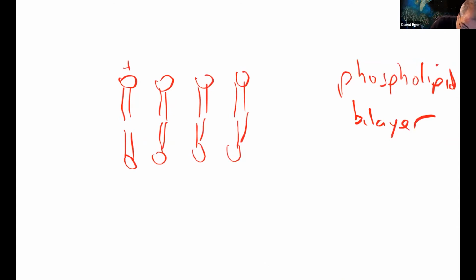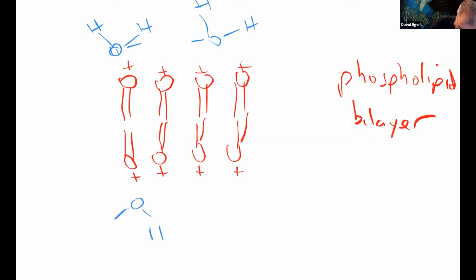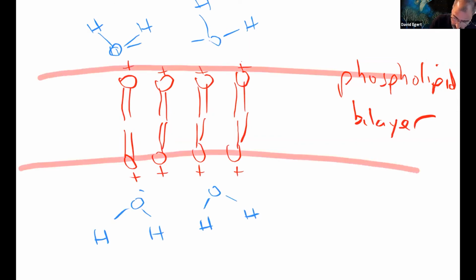Again, the polar heads. You know, and I have all my H2Os. So my cell membrane automatically just configures itself.